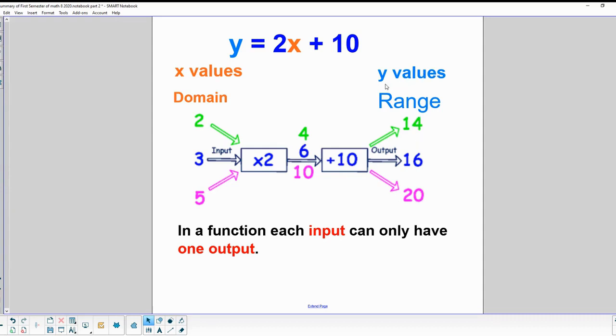And the outputs are the y values, or the range, and so that's something that we wanted you to remember. In a function, each input can only have one output. So if an input has more than one output, it's not considered to be a function. You've got some other type of relationship there.